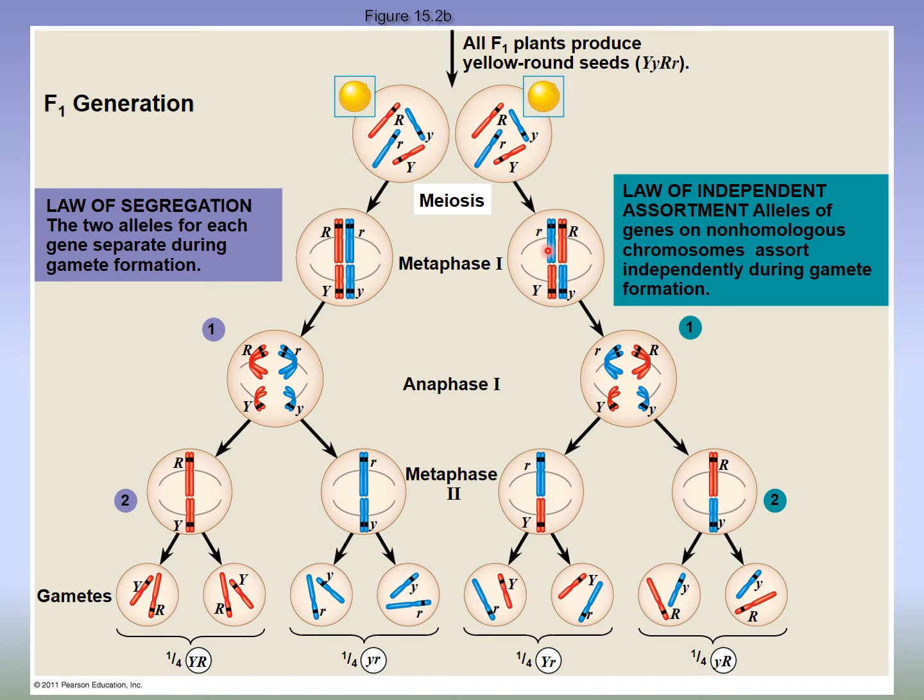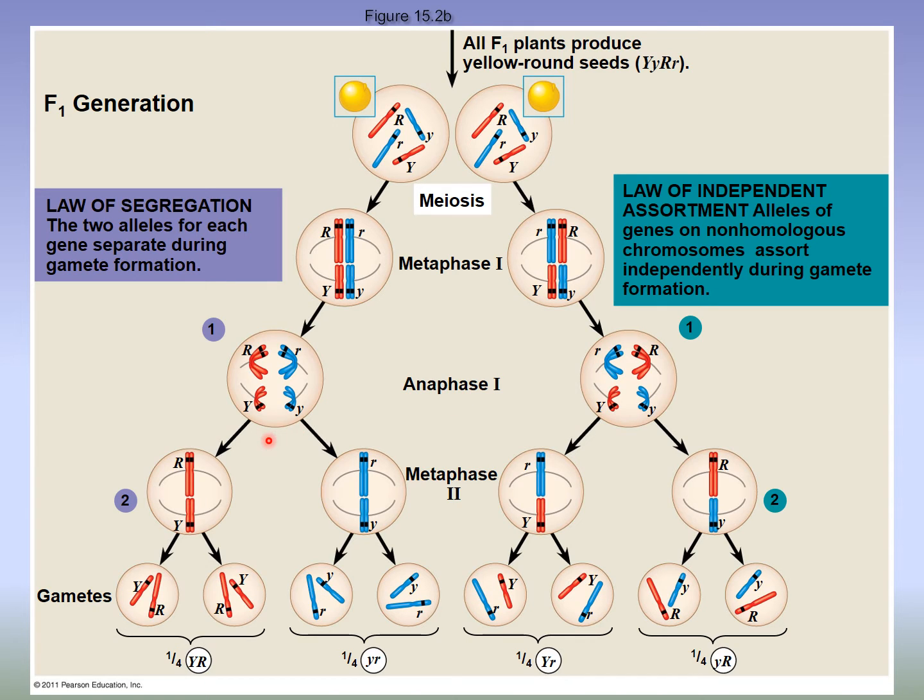This is related to metaphase, where you can have different lining up at the equator, and then they separate independently because they're independent of one another. They're on separate chromosomes, and if they were on the same chromosome and close enough to each other, they would be transmitted together.